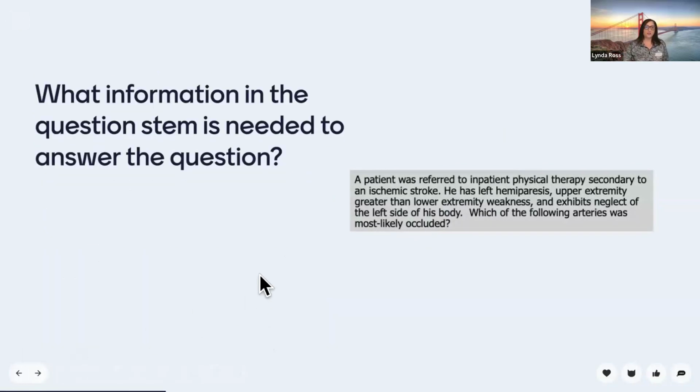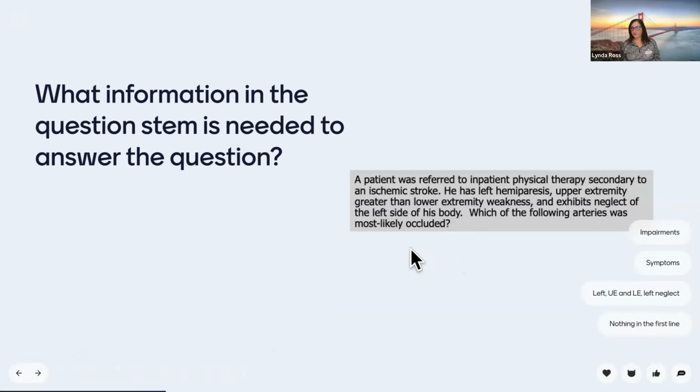So what information in the question stem is needed to answer the question? What are some things that are going to help you determine which artery is blocked? Okay, so impairments. Specifically, what impairments are those? Symptoms? That's right. Left upper extremity, lower extremity, left neglect.